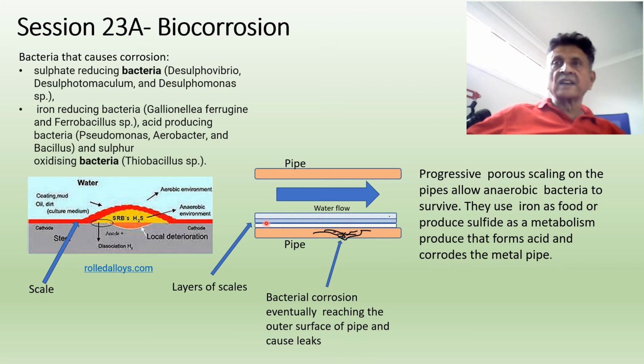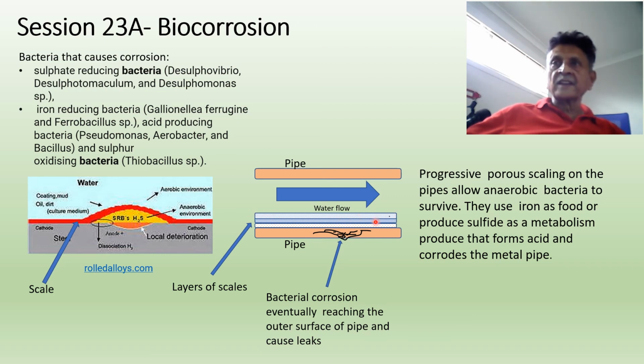These are the layers of scales. What happens is you have a first slime layer which contains a lot of bacteria. Then the scales deposit on it and reinforce it as hard, but it is porous. Then the second layer of slime is formed, which also then gets scaled up to a hard surface, yet porous, and then the third layer, and so on.